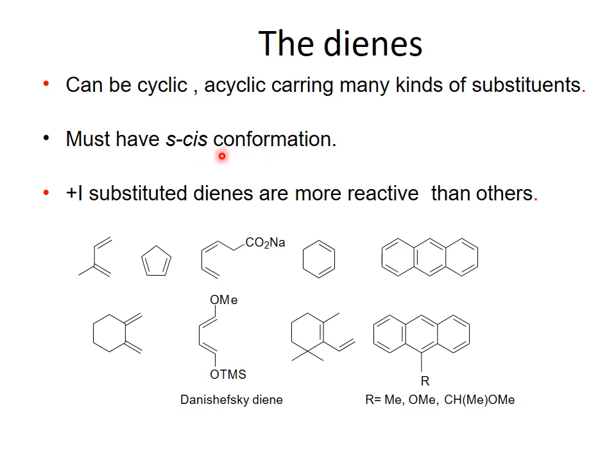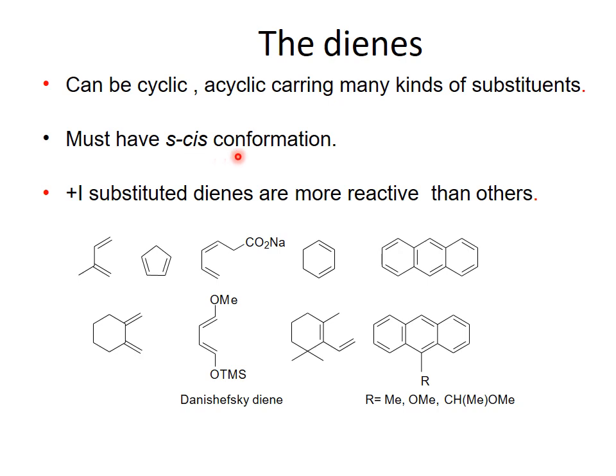If it is attached with plus I groups, plus I meaning such groups which donate electrons to the diene, which increase the electron density of the diene, such groups, which produce positive inductive effect, make the diene more reactive than the simple diene.